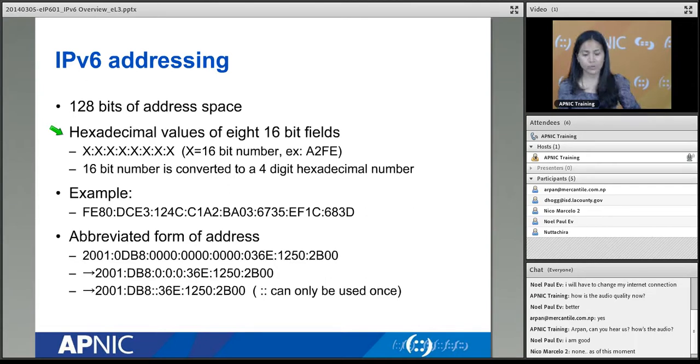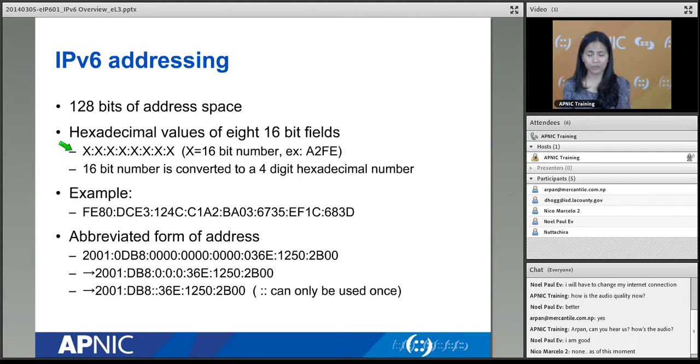Each of the X values here is equivalent to 16 bits or 4 hexadecimal digits. As an example, this is a complete IPv6 address. As you can see, there should be 1, 2, 3, 4, 5, 6, 7, 8 fields, and each of the fields is separated by a colon, and each field consists of 4 hexadecimal digits.